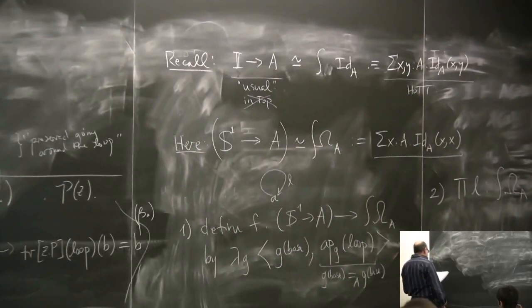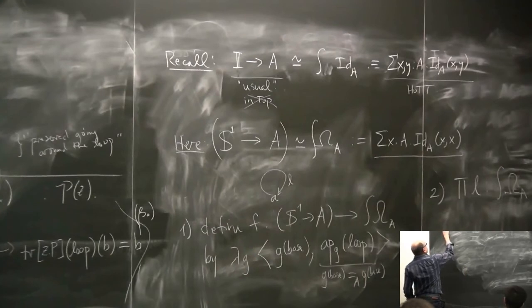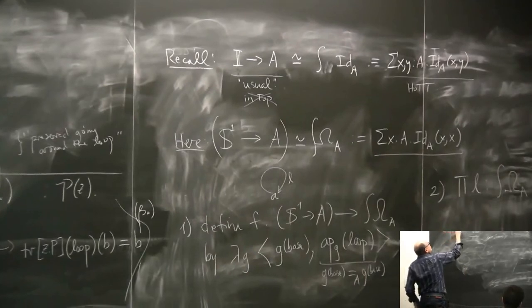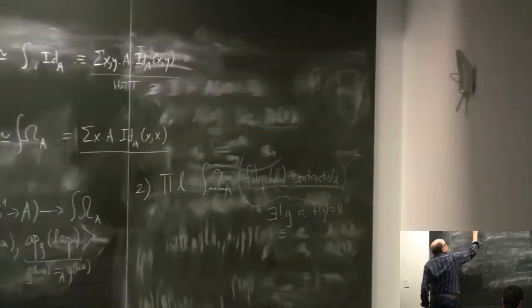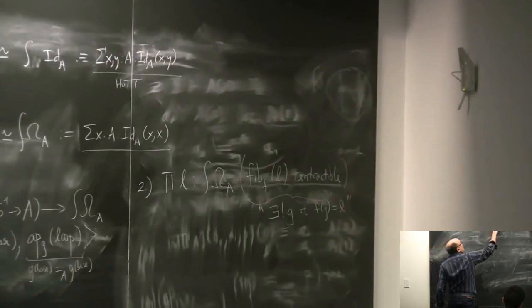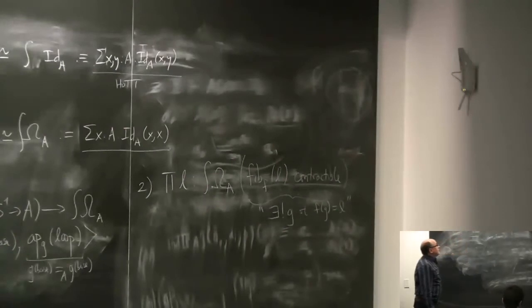So here is the sort of picture. Another picture and definition of S1: if I had just asked you to define S1 in HoTT, maybe you would have come up with this. It's just as reasonable as anything else.